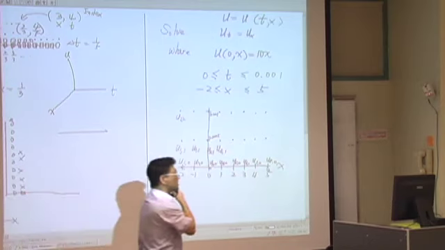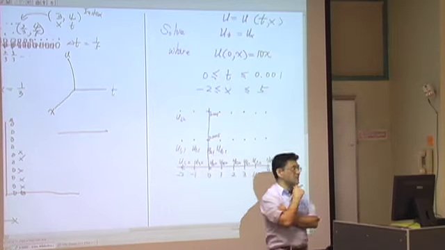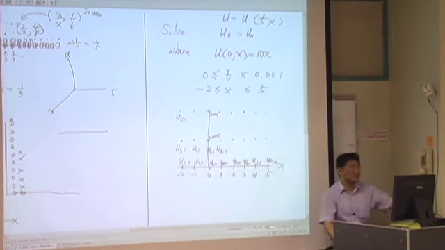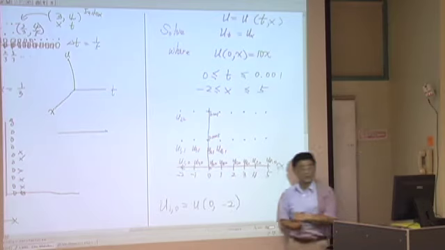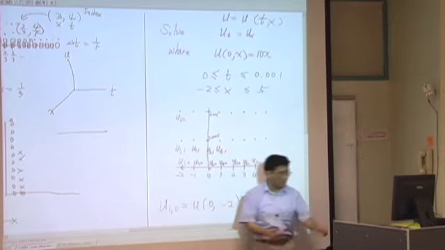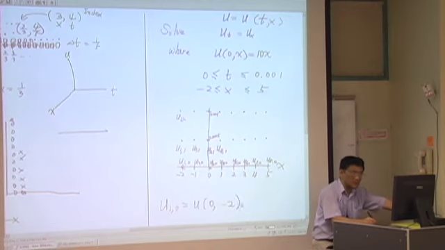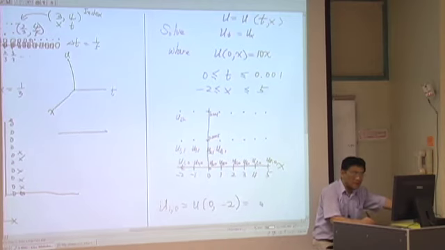Then what is U10? What is U10? I will write down the meaning of U10. U10 means U of 0 at point -2, right? Do you follow me? And U of 0 at point -2 is what? 10 times -2, so -20 is the height.